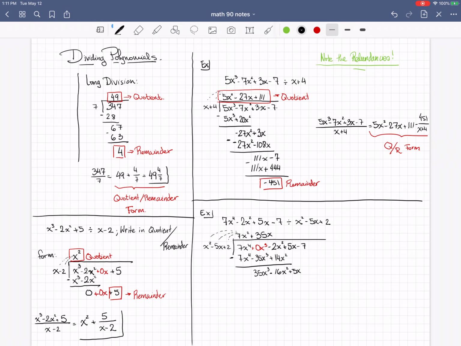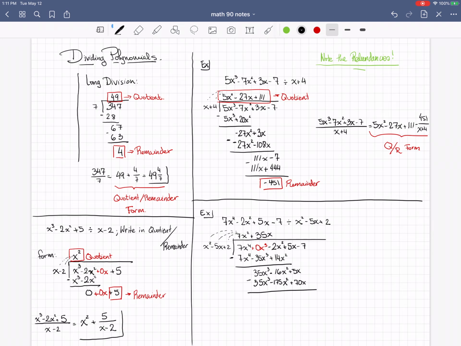Let's distribute. So we have 35x cubed minus 175x squared plus 70x. Okay, so now we subtract. The x cubes cancel by design.